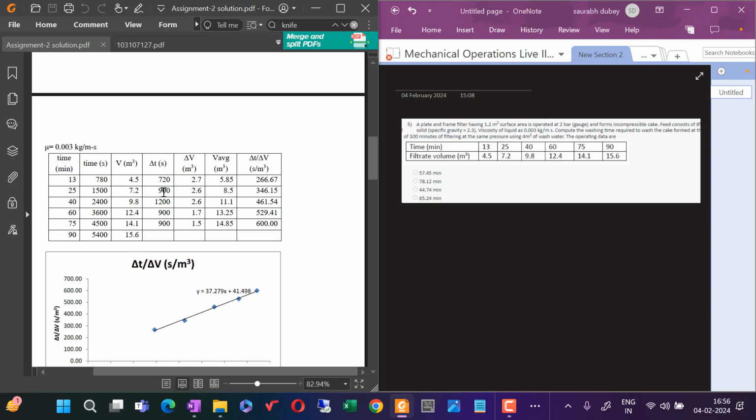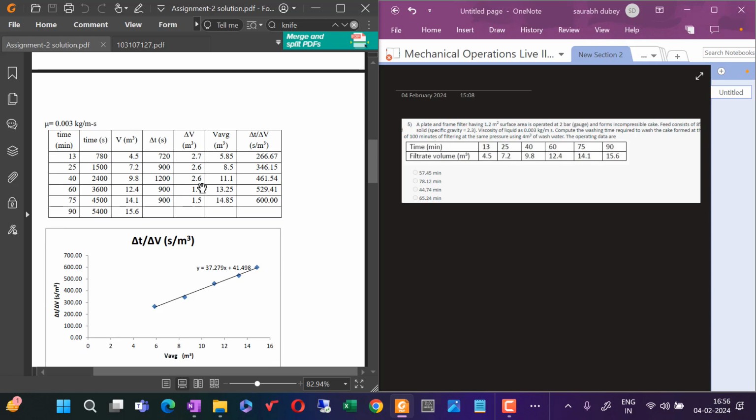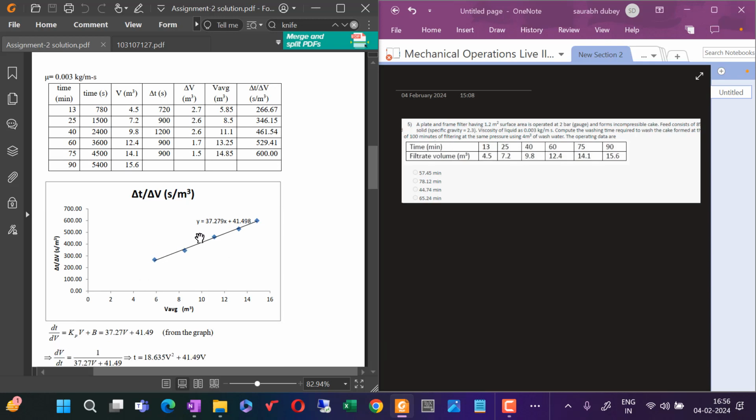Here you see, from here they have calculated the differences in order to get delta T versus delta V data. From here you will get delta T by delta V calculated, dividing these two, and using Excel this can be plotted easily. This is the linear fit of that.